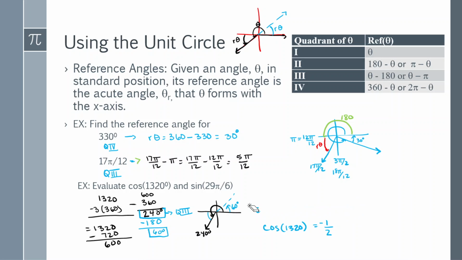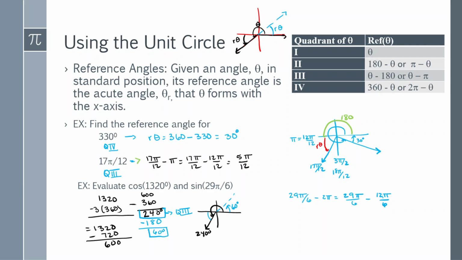Okay, and so what we're going to have to do is, first of all, subtract out multiples of 2 pi. So 29 pi 6ths, if I subtract out 2 pi, is the same thing as subtracting out 12 pi 6ths.